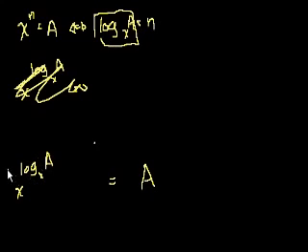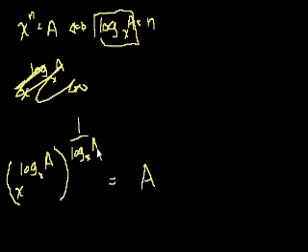Now what I want to do is raise both sides of this equation to 1 over this exponent. So I'm going to raise that to 1 over log base x of a. If I do something to one side of the equation, I have to do it to the other. So that's equal to a to 1 over log base x of a. You'll see where I'm going.